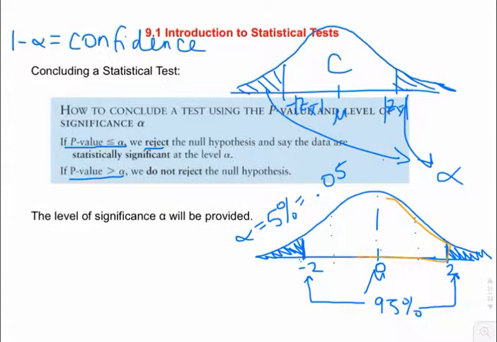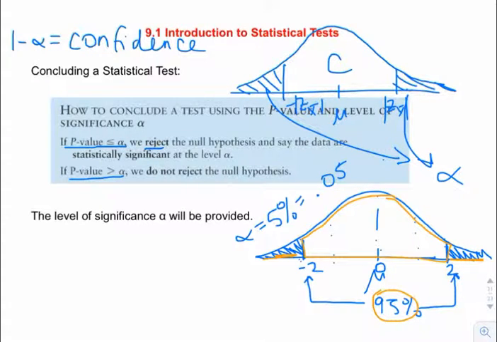If this is 95%, then the part that is shaded in blue is together 5%. Half of it on the left, half of it on the right, so 2.5% on the left and 2.5% on the right.